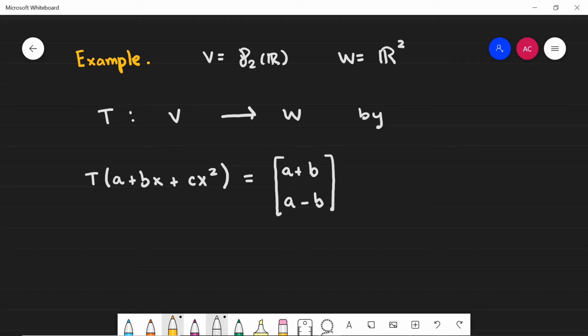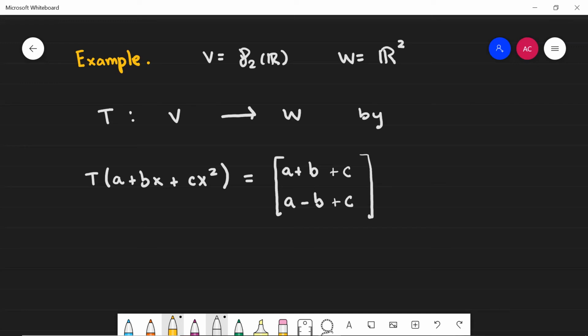Actually, you know what? Why don't we include c here? I would like to include c. All right, so I lied. Let's do a plus b plus c, and then a minus b plus c. There we go. So there's my mapping: a plus b plus c, a minus b plus c.